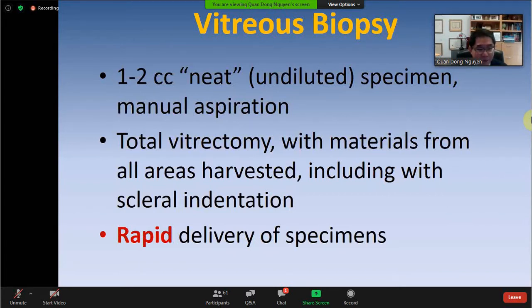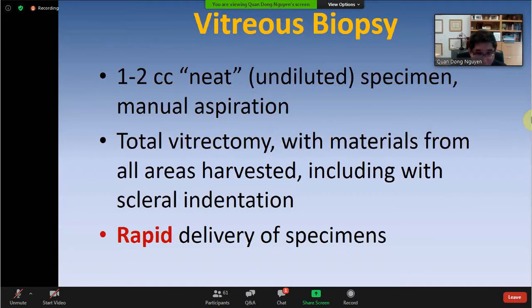And so you want to make sure you get as much undiluted sample as you can, because the cytology lab, the flow cytometry, or the microbiology lab always want us to send a lot of fluid. They forget how little we can get from the eye. They always say, this is so little for us to work with. So you want to try your best to get as much fluid as you can from the eye.